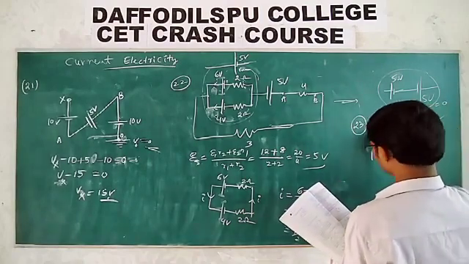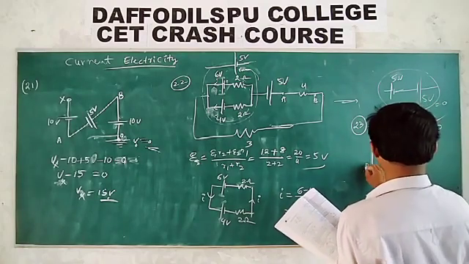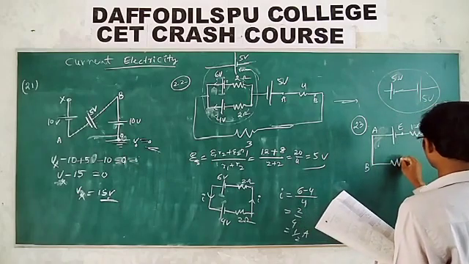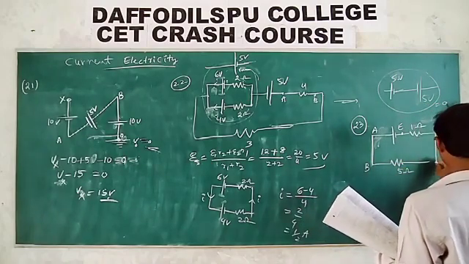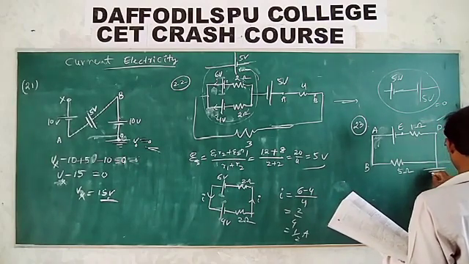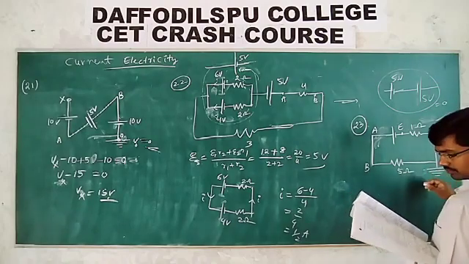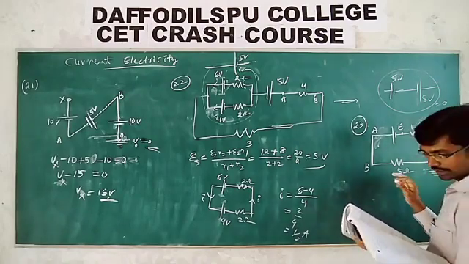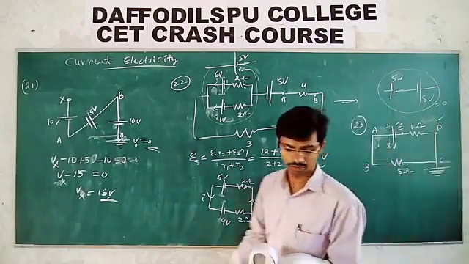Here A and it is B, 5 ohm, C, 5. This is a circuit they have given, it is 8 volt plus and minus.